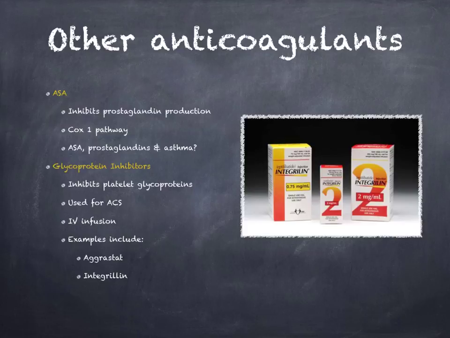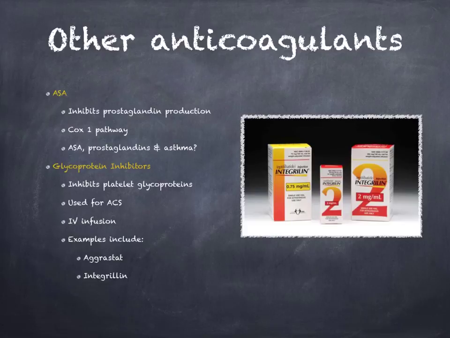The glycoprotein inhibitors, for the most part, are given as an IV bolus followed by an infusion. They're used for the treatment of acute coronary syndrome. They do not break clots down, but they prevent new clots from forming, and it is not uncommon to see patients receiving a glycoprotein inhibitor in addition to, say, heparin. So they'll have a heparin infusion as well as a glycoprotein inhibitor infusion.